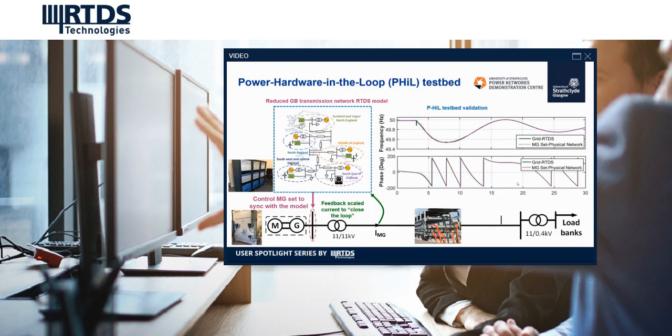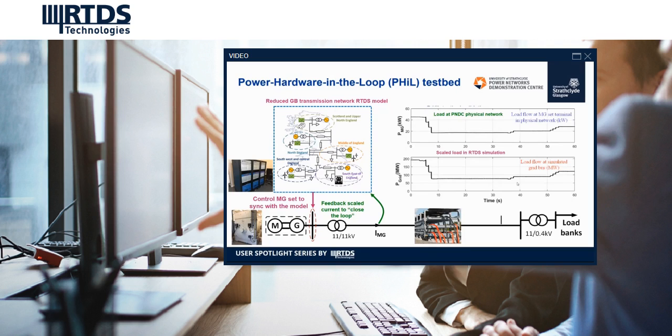Above is the frequency and the bottom is phase. Here is our power measurement from the load bank, which is about 50 kilowatt, and when we scale it up, about 200 megawatt.